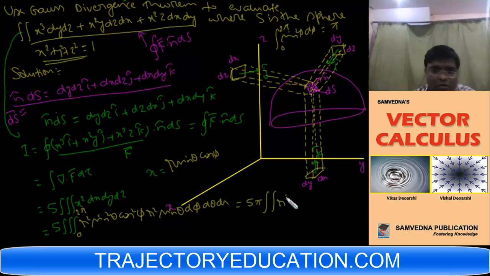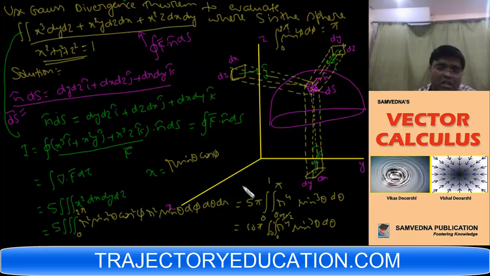So this will be r to the power 4, and this will be sin cube theta d theta from 0 to pi, and r is from 0 to 1. Alright, so this is nothing but 5 pi, integral 0 to 1 r to the power 4 dr, one more integral, 0 to pi sin cube theta d theta.